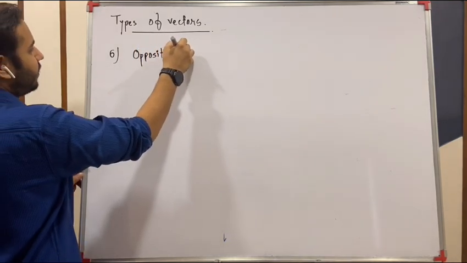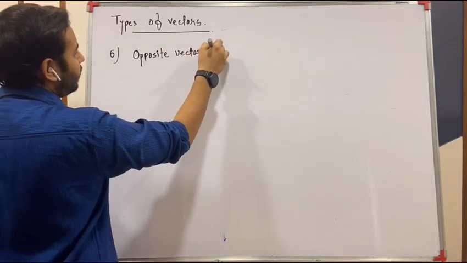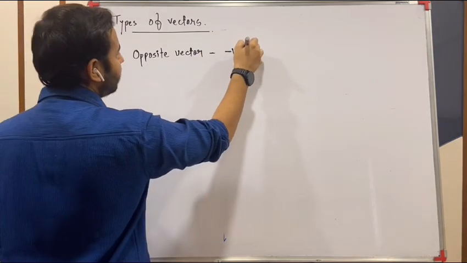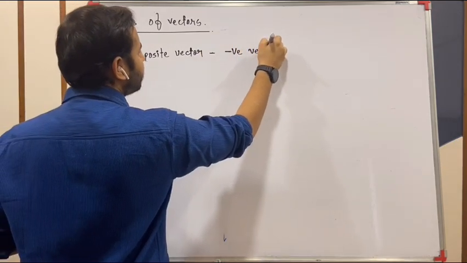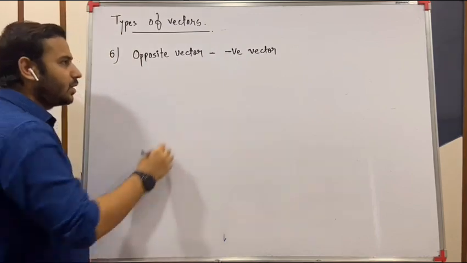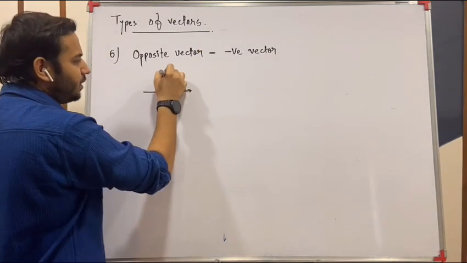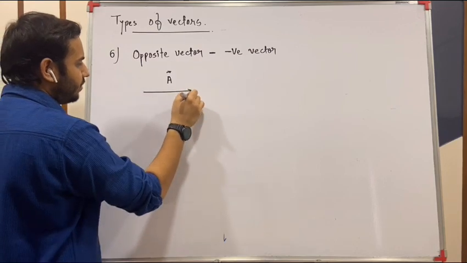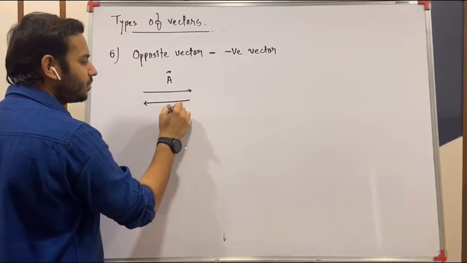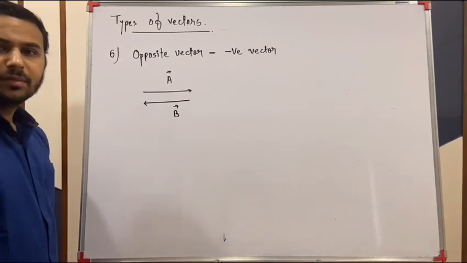Opposite vector, or you can say negative vector. Okay, so here is A, here is B. Understood?